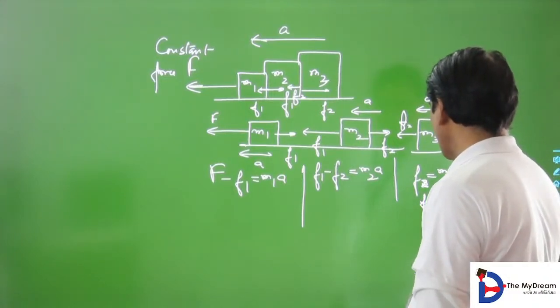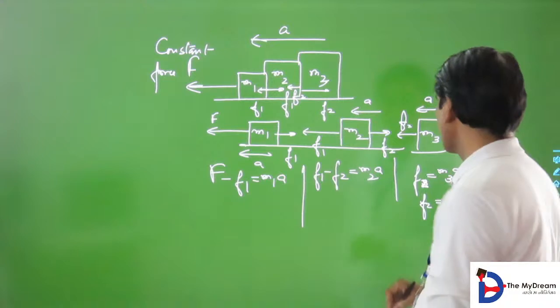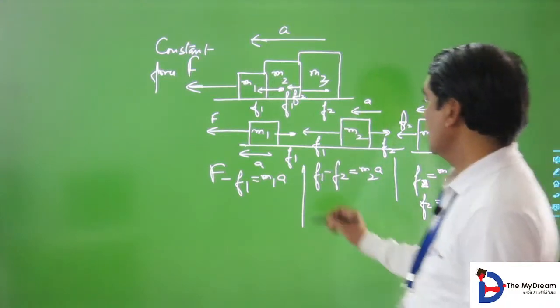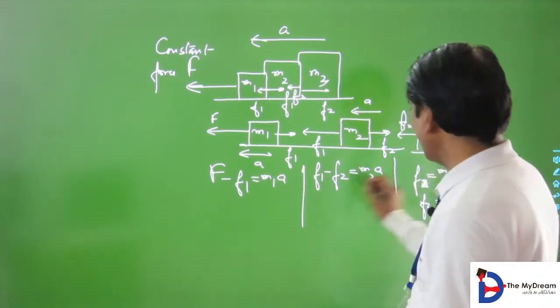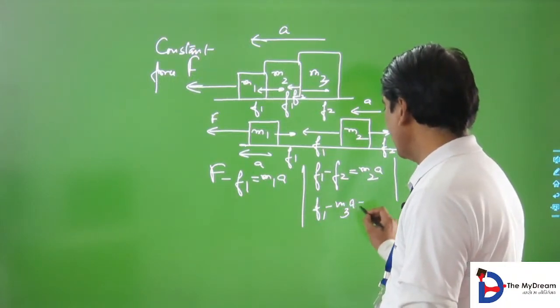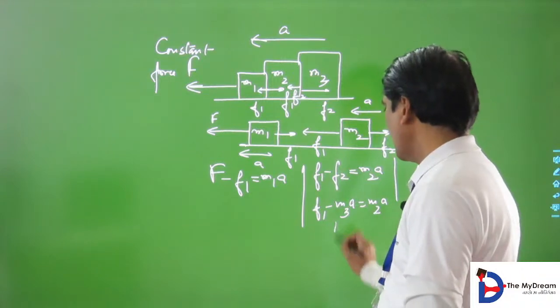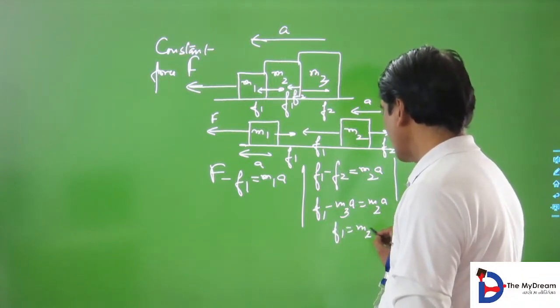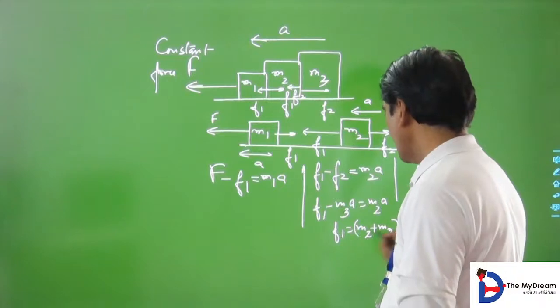Against the F2 there is no force. So in place of F2 you can write m3a, and F1 is equal to (m2 plus m3) times a.